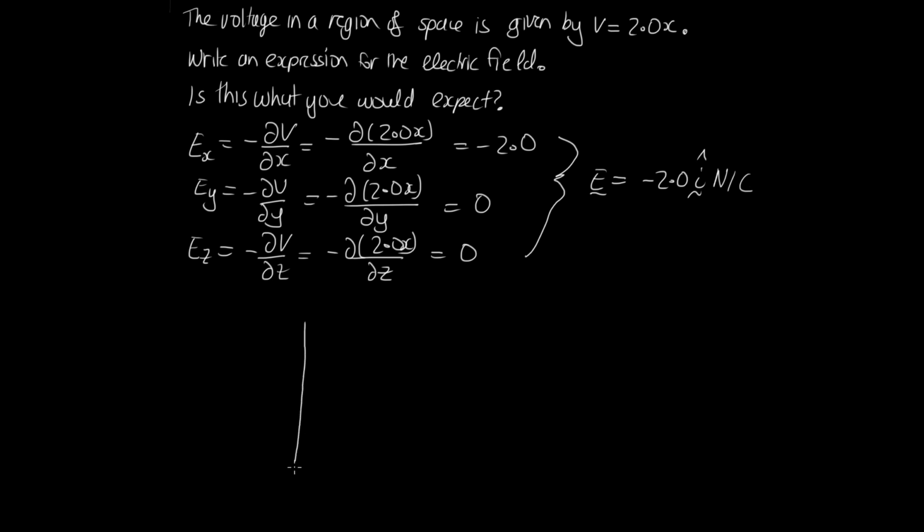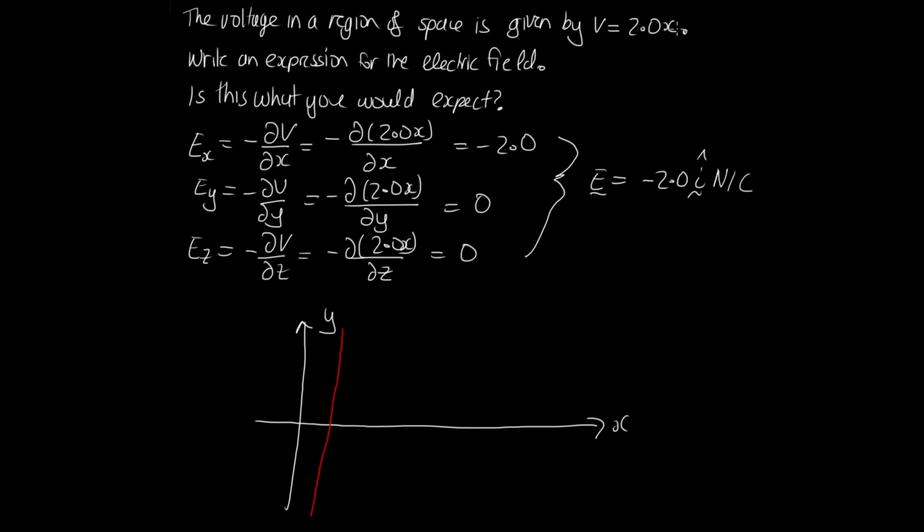So let's draw some axes. Here's our y-axis and here's our x-axis along here. Now, equipotential lines are lines along which the voltage has the same value everywhere. So if x is constant, these vertical lines here are going to be equipotential lines.